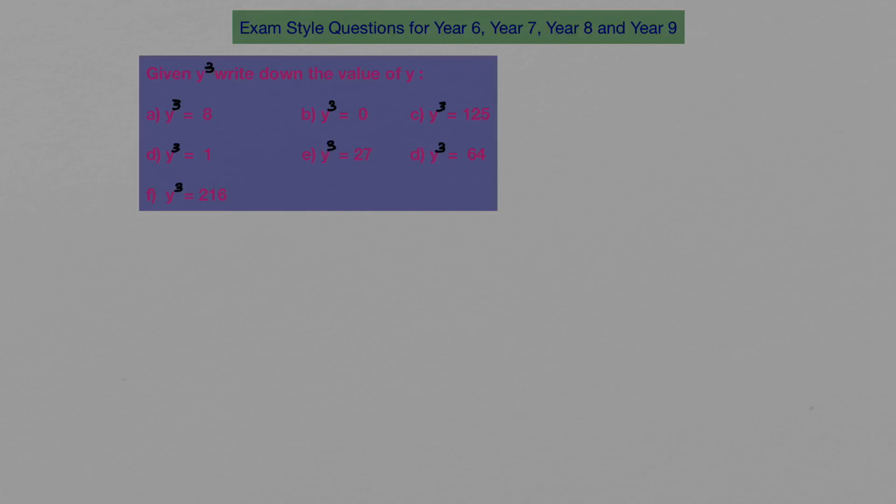In that case, I'm going to do one more question for you as well. So y cube equals 27. In order to get rid of the cube, we're going to cube root both sides.